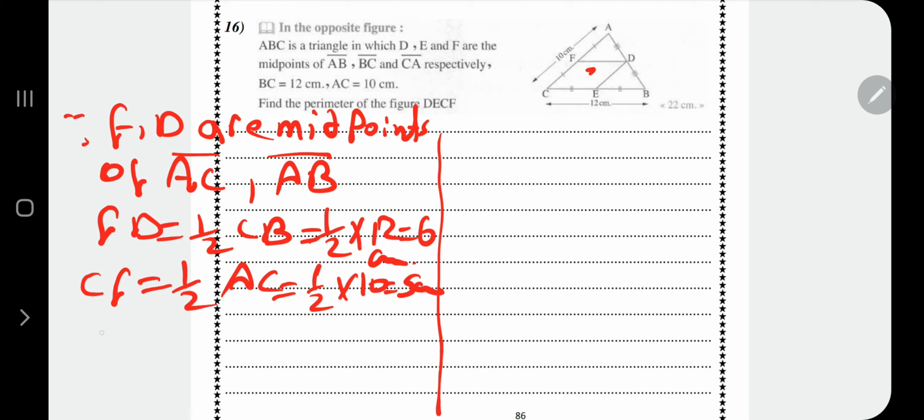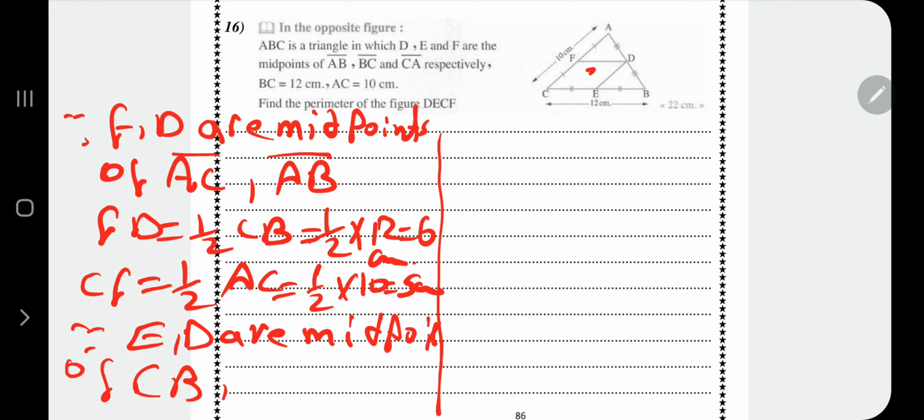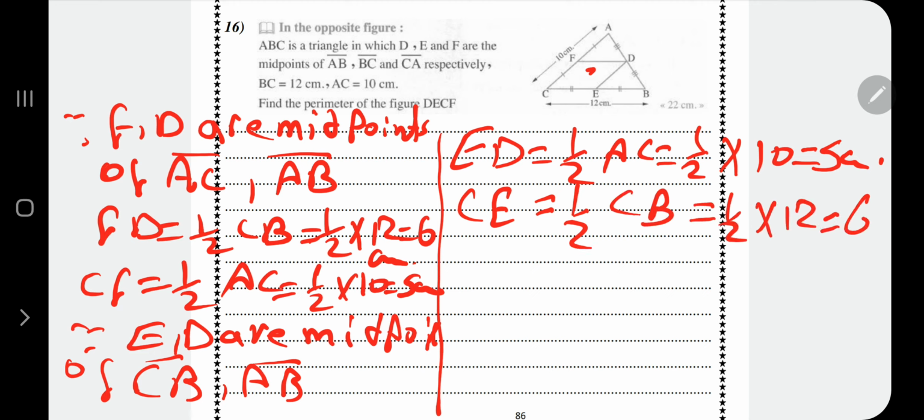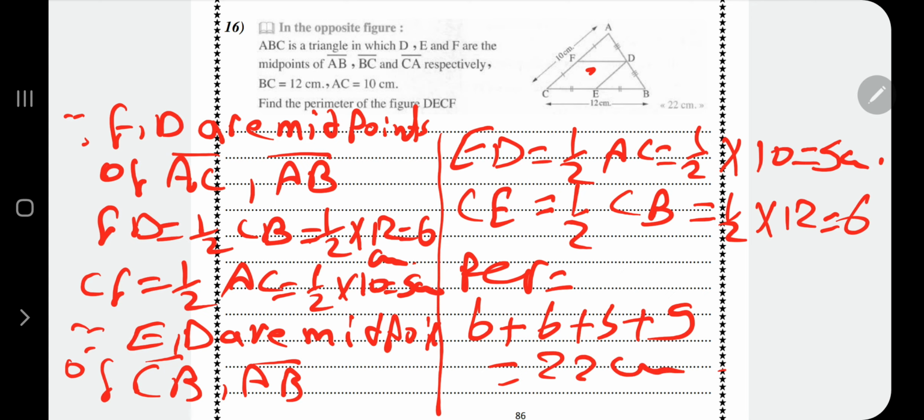Since E and D are midpoints of CB and AB, that means ED equals half AC, half times 10 equals 5, and CE equals half CB, half times 12 equals 6. So the perimeter equals 6 plus 6 plus 5 plus 5, which equals 22 centimeters.